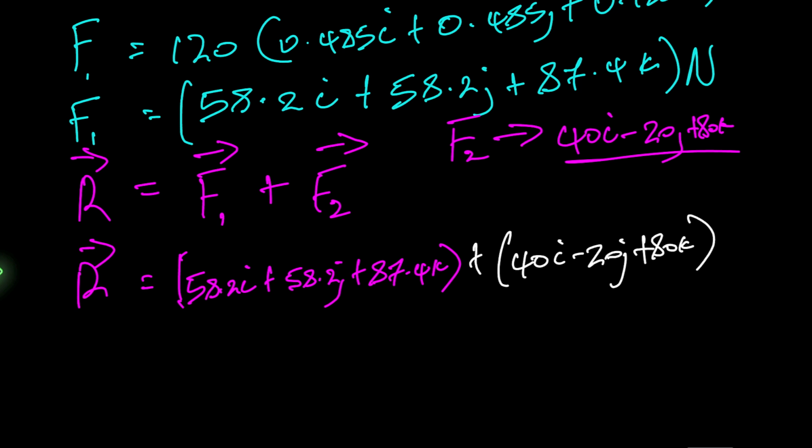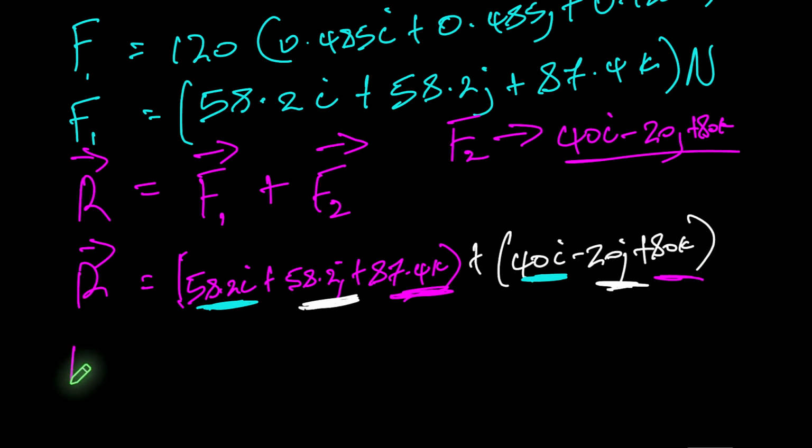Of course, what we add together are our x components, our y components, and our z components. So these are what we're going to add together to get our resultant vector.